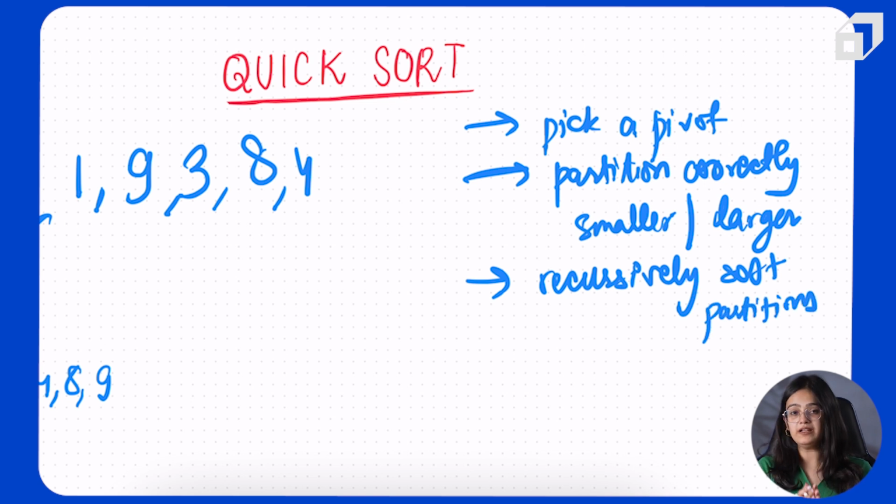We'll be performing these 3 steps on every array. And even when we go recursively, we have to apply quick sort again, right? So we'll be performing these 3 steps again and again.